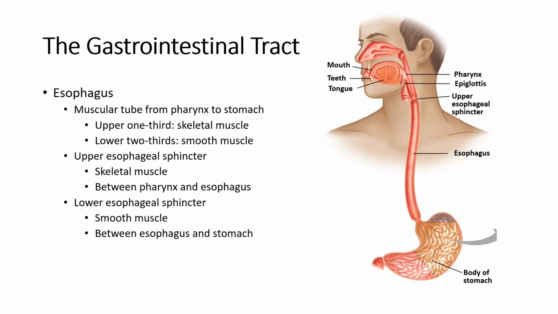Because it's made of smooth muscle, we do not have control over this. And again, because the lower 2/3 is made of smooth muscle, we cannot regurgitate food, we cannot control any aspect of the movement of food beyond the upper third of the esophagus. Okay, so really interesting dynamic here of how the esophagus is a shared structure. Parts of it we can control and parts of it we cannot.